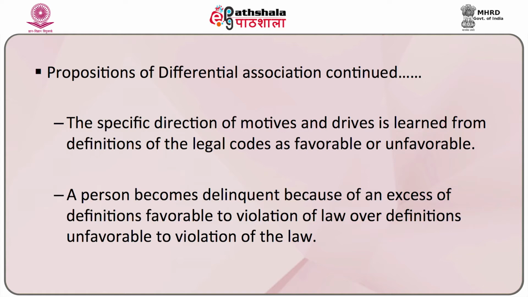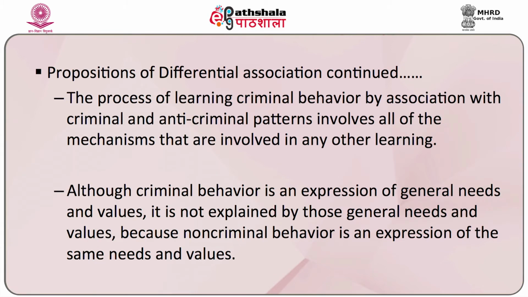6. A person becomes delinquent because of an excess of definitions favorable to violation of laws over definitions unfavorable to violation of laws. 7. The process of learning criminal behavior by association with criminal and anti-criminal patterns involves all of the mechanisms that are involved in any other learning. 8.